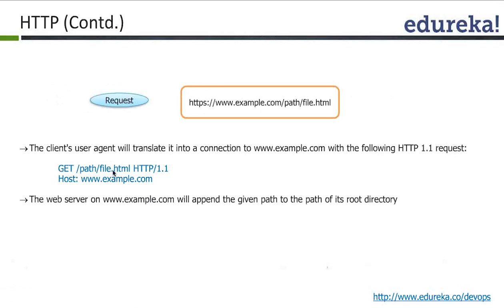What you're saying is, get me that file. The file is in this path, its name is file.html, and please use protocol 1.1. This is what happens when you type, say, www.google.com.